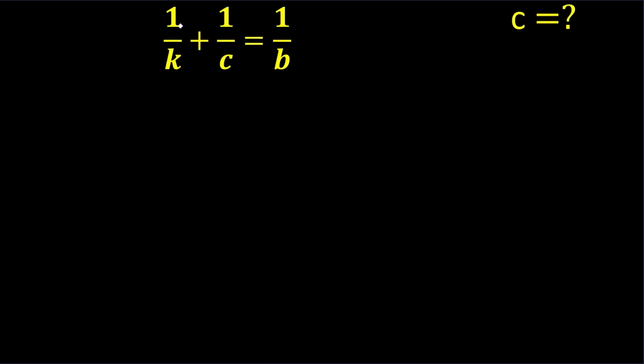Okay, so this time we have 1 over k plus 1 over c equals 1 over b. So let's look at the denominator. We have kcb. Okay, so let's write this one in linear form by taking the LCM. So the LCM is kcb. So let's multiply through by kcb.